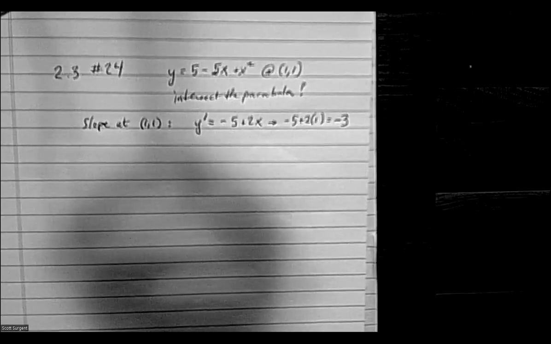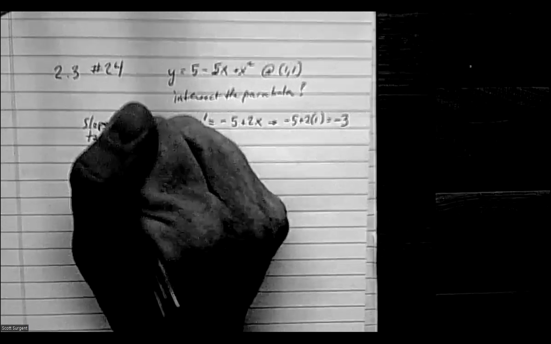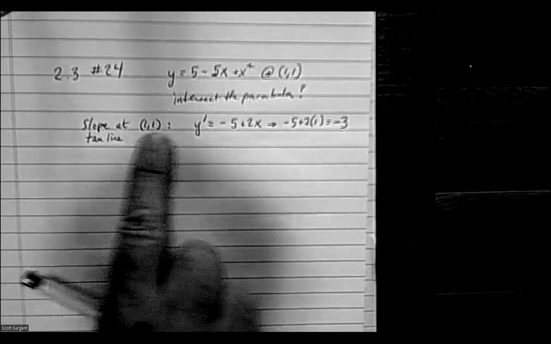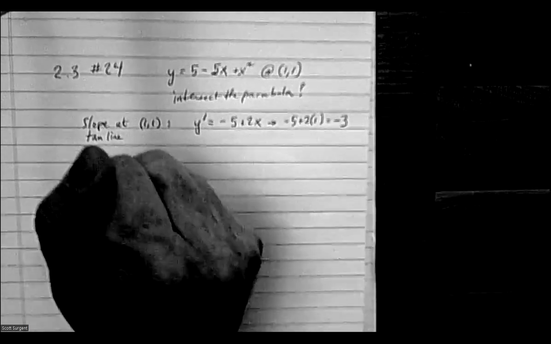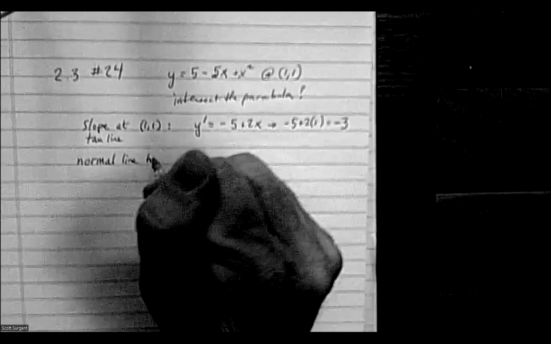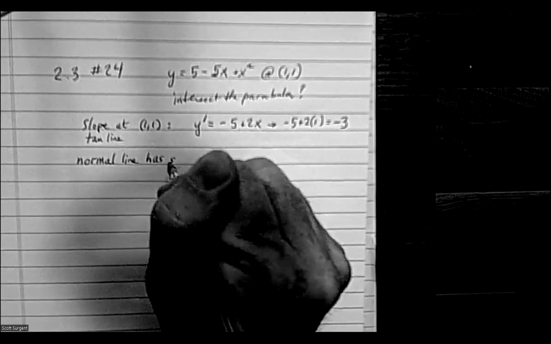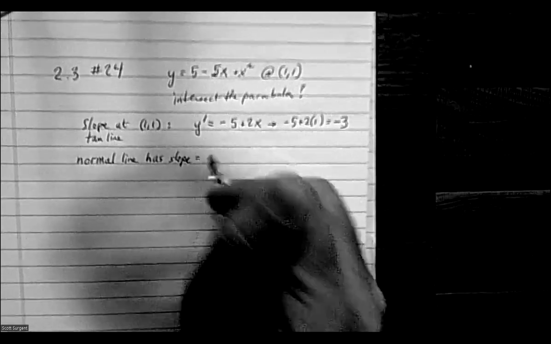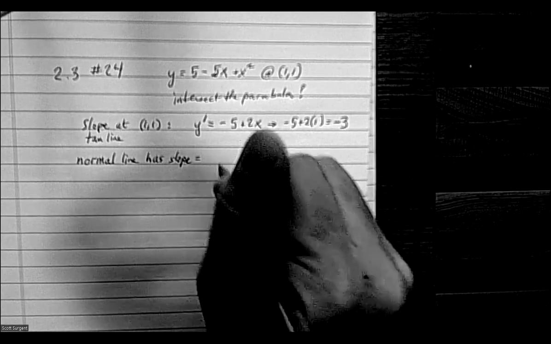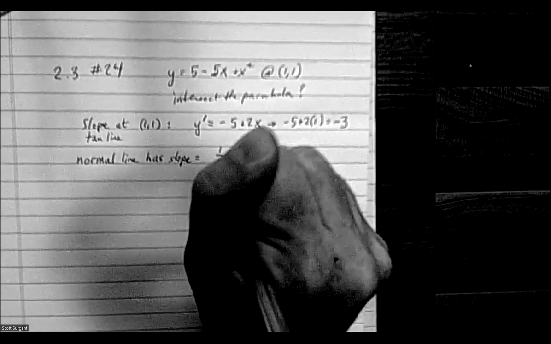That's the slope of the tangent line of the function here at 1, 1. The normal is a perpendicular line, and the normal has a slope that's going to be the negative reciprocal, so it's just going to be 1/3.